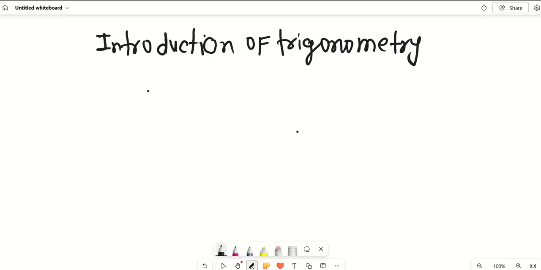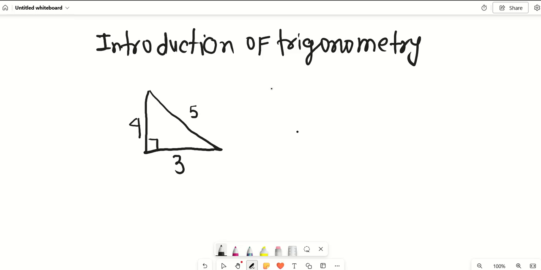Suppose I have a right angle triangle. Okay, and this is 3 and this is 5. Okay, so definitely we can get 4, as you have seen, by Pythagoras triplet.